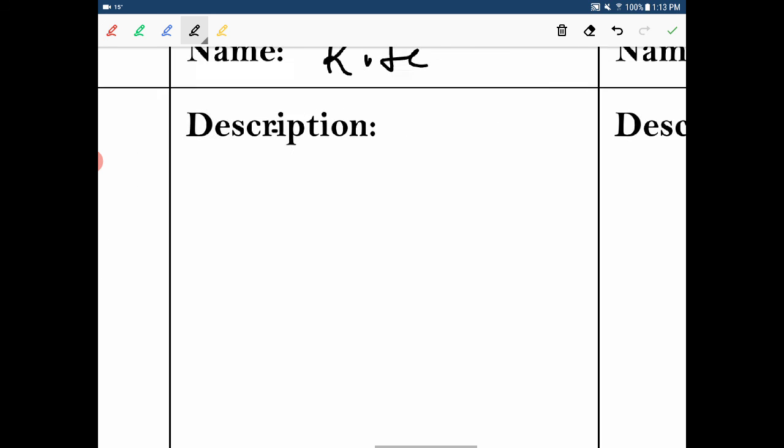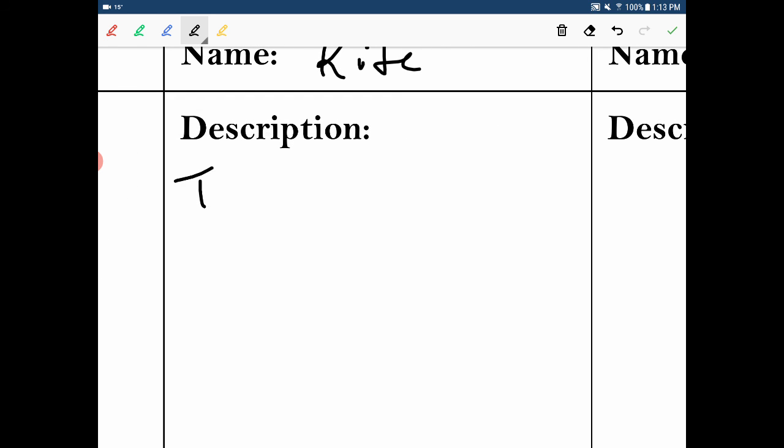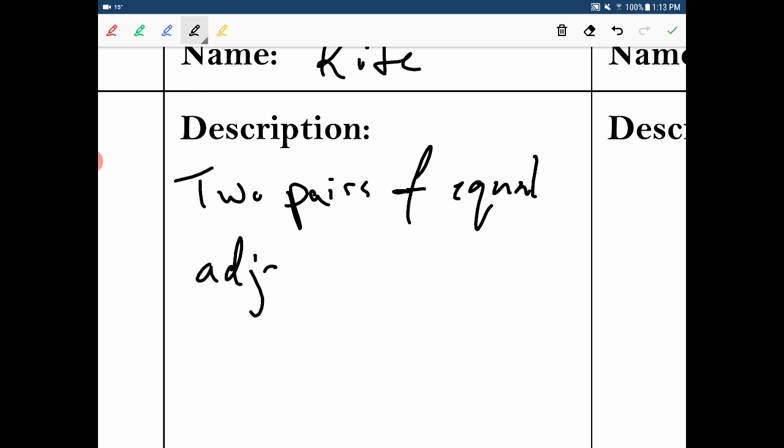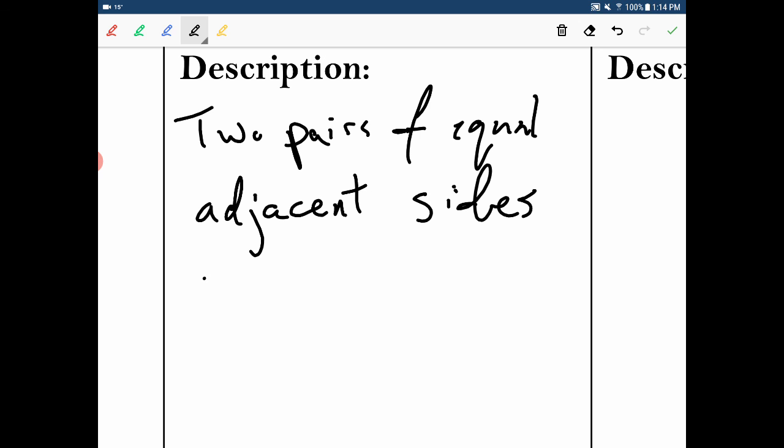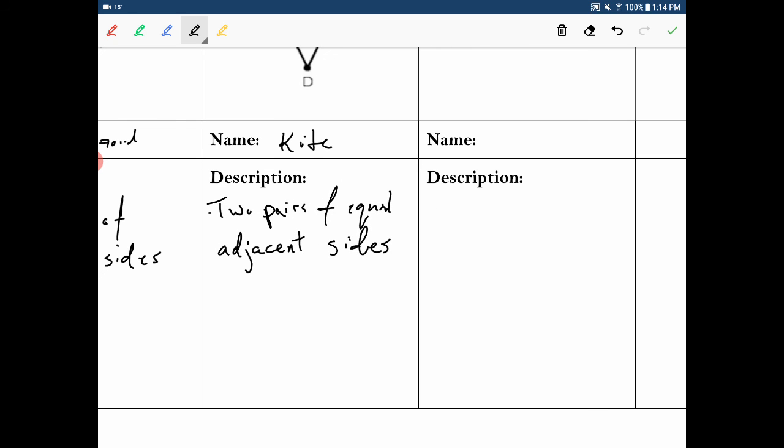It's important that they're adjacent. As long as you get two pairs of equal adjacent sides, you got yourself a kite.